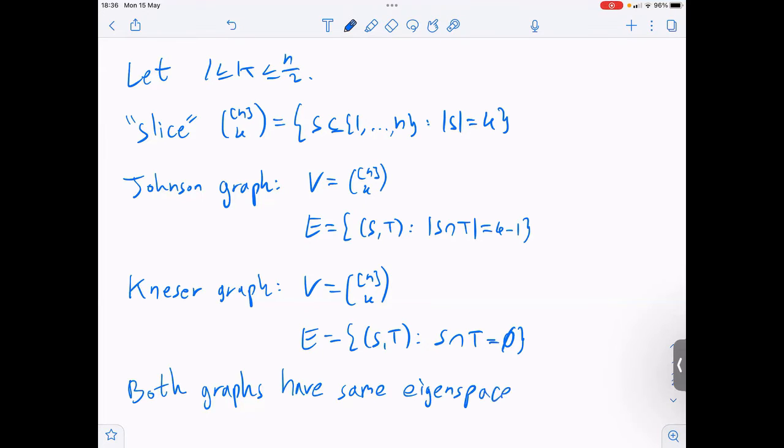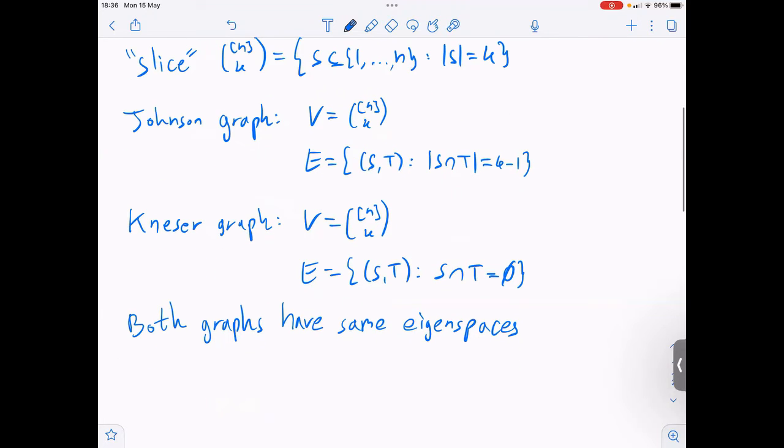This follows from the classical theory of association schemes. And we will denote them by V0 up to Vk. And our goal in this talk would be to try to understand what these eigenspaces look like.